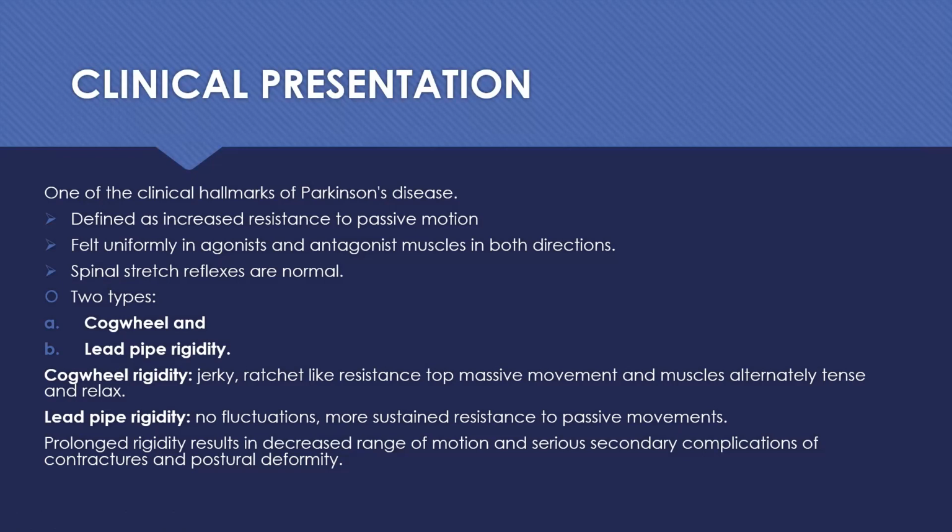Parkinson's clinical presentation has two types: cogwheel and lead pipe rigidity. Cogwheel rigidity is a jerky, ratchet-like resistance to passive movement, with muscle alternately tensing and relaxing. Lead pipe rigidity has no fluctuations, with more sustained resistance to passive movement.